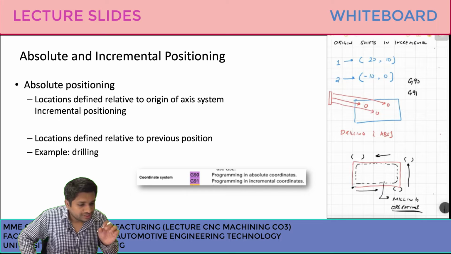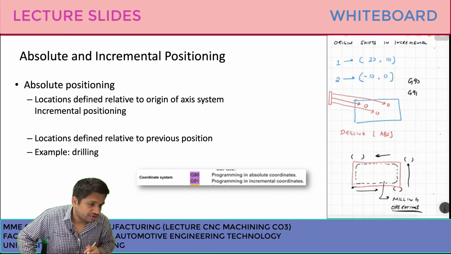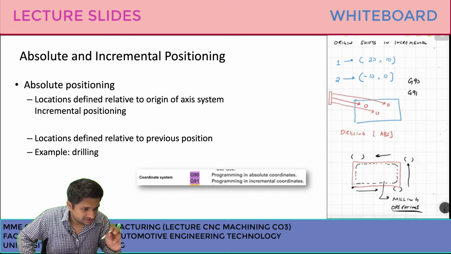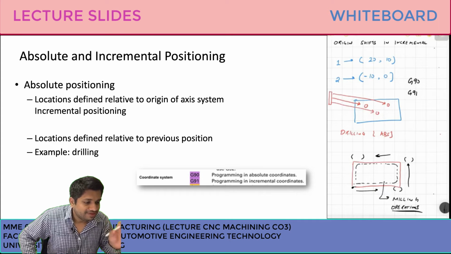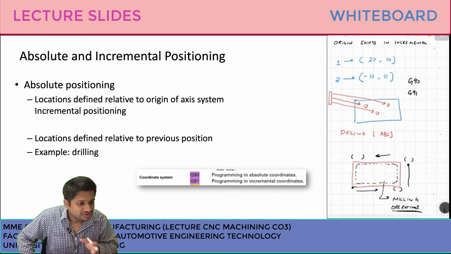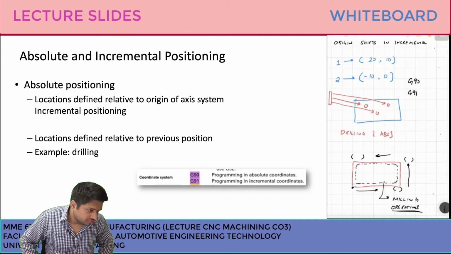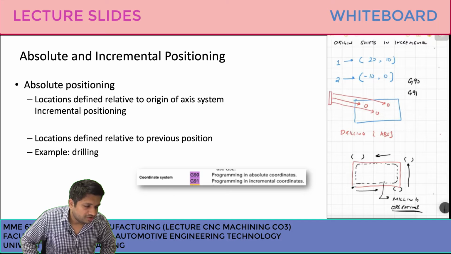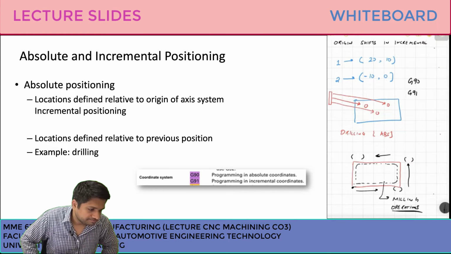If I am going to do drilling, then perhaps I will be programming in absolute coordinates, so I instruct the machine that whatever coordinates I put will be based on absolute coordinates. If I use G91, it means it will be based on the incremental coordinate system. You can use both of them also, it's not a problem. However, in general, for drilling absolute is easier, and for milling incremental is easier.